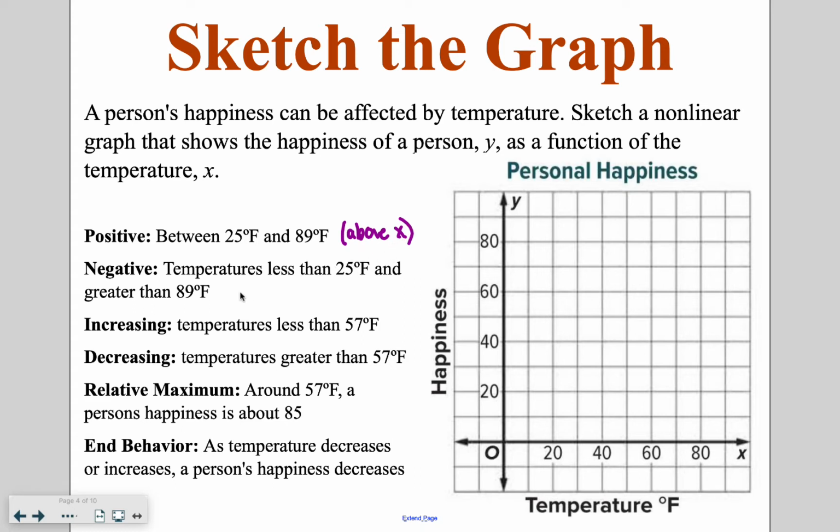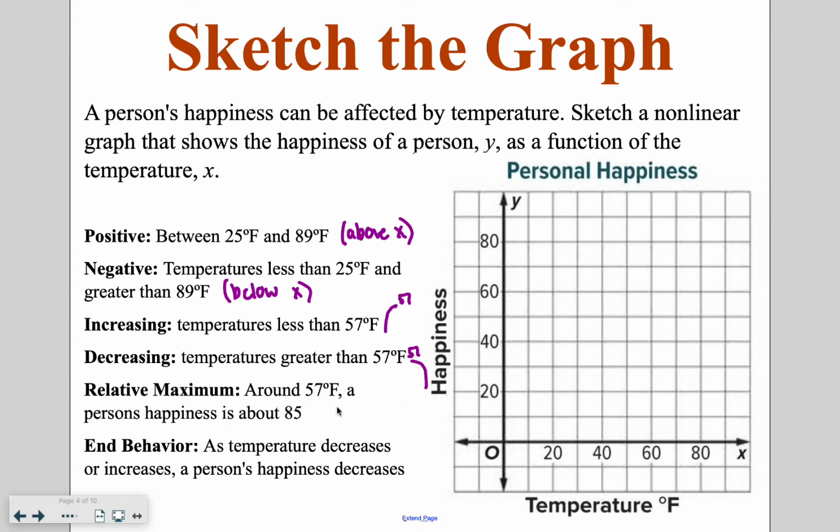It's going to drop below the x-axis if it is smaller than 25 or greater than 89. It's increasing, so we are trending up until we hit 57, and then we are trending down after we hit 57 degrees. And then it tells us our relative maximum.